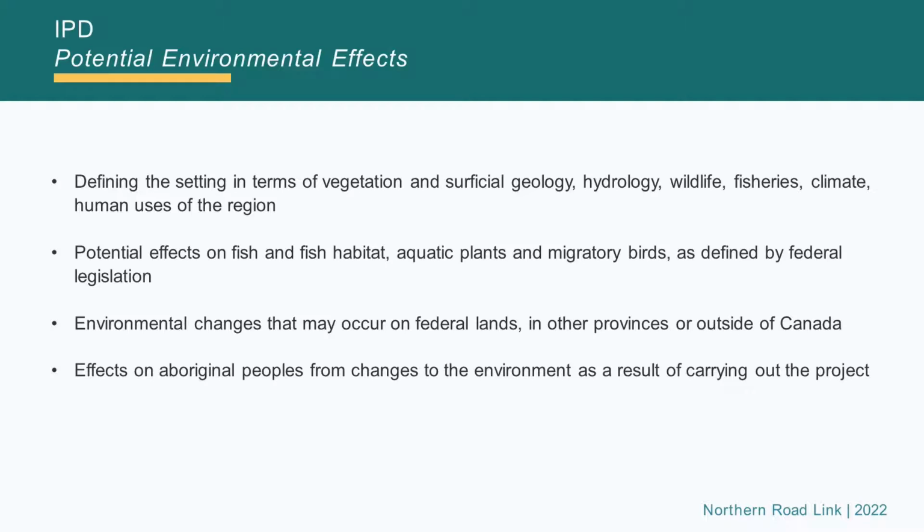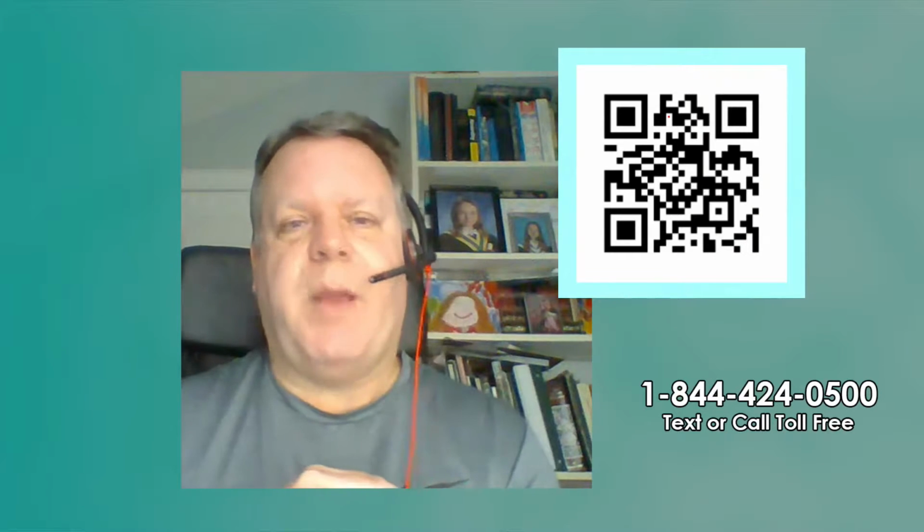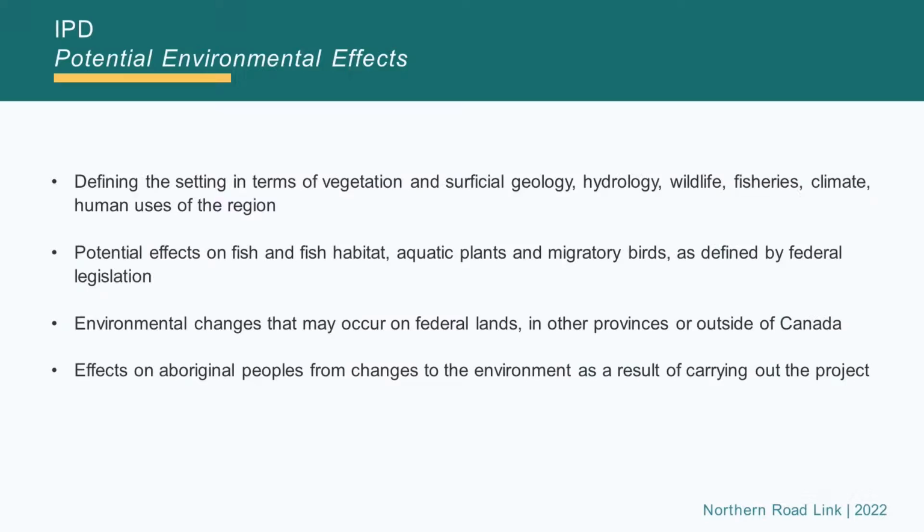So having identified potential project activities to a fairly high level of detail, the proponent is required to describe potential effects on fish and fish habitat, on aquatic plants, on migratory birds as defined by the federal legislation, and any environmental changes that may occur on federal lands or in other neighboring provinces or even outside of Canada.